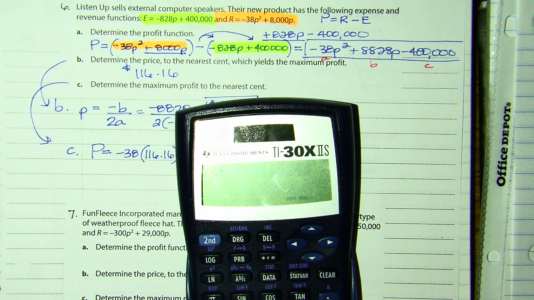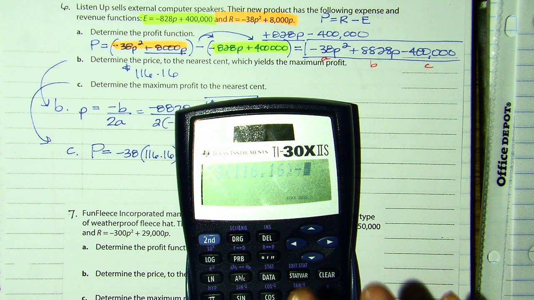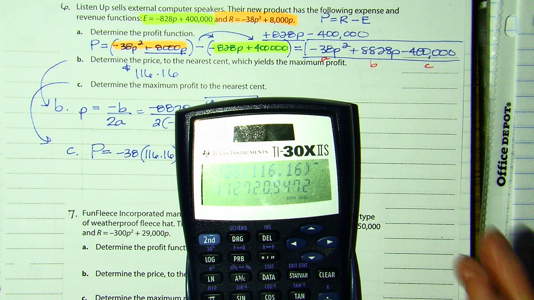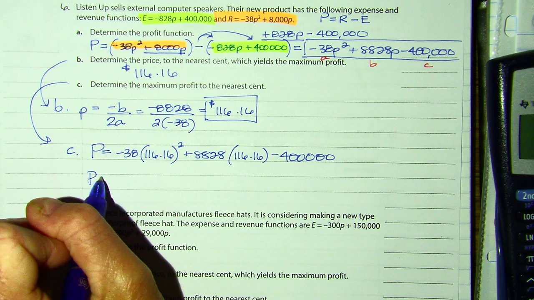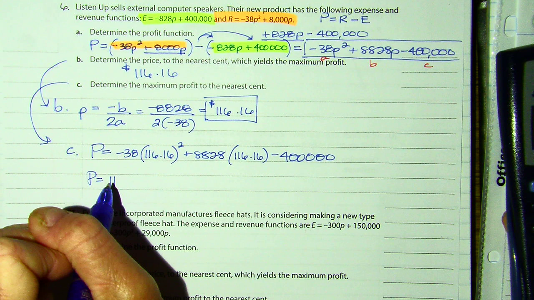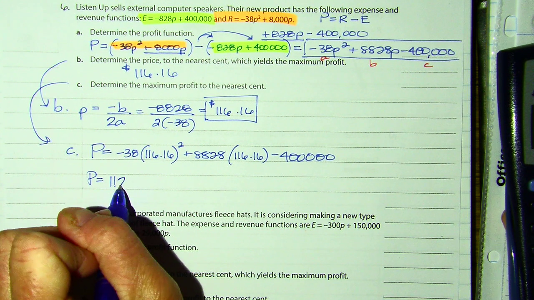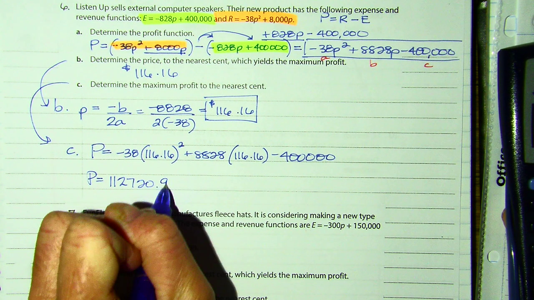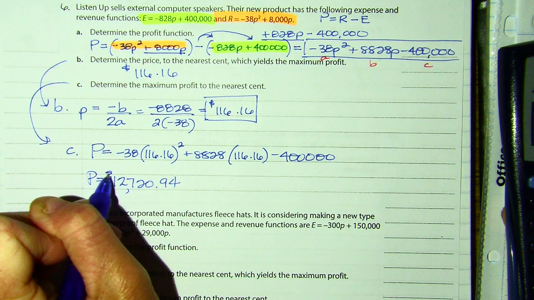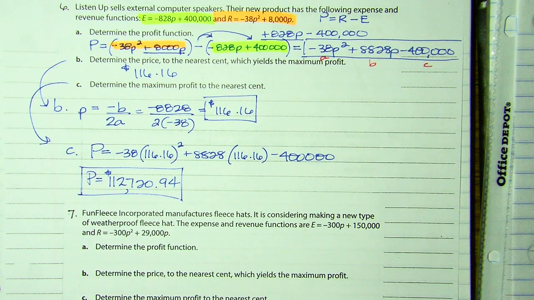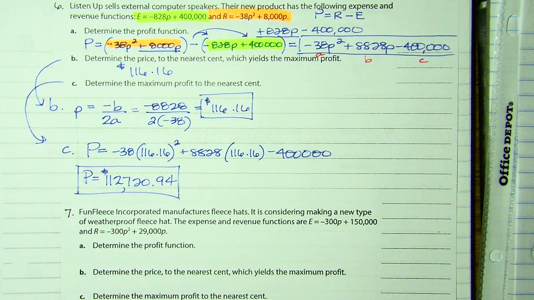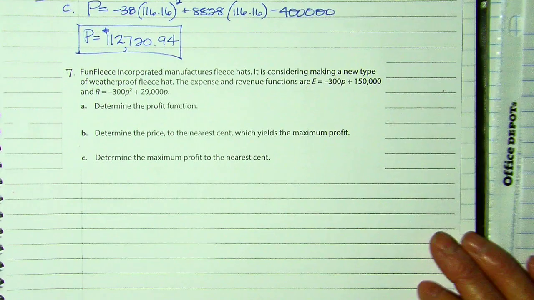So negative 38 parentheses 116.16 squared plus 8,828 times 116.16 minus 400,000. So my profit equals, let's see here, that's $112,720.94. Okay.